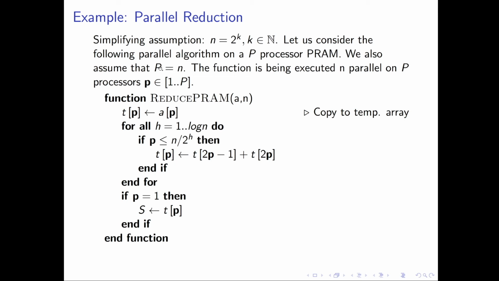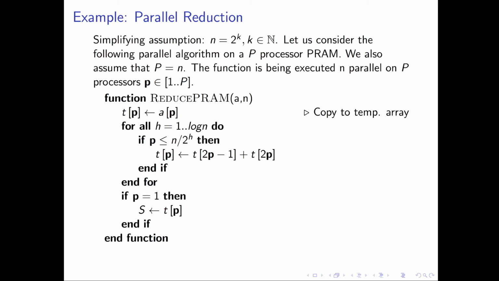Those are helpful because that way I have to care way less about ranges and range checks than if I formulated the algorithm in a more general way. We're also assuming that we have access to the processor index, and the processor ID is 1-based, so it is one of 1, 2, 3, 4 up to P.